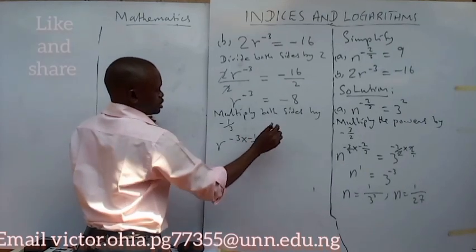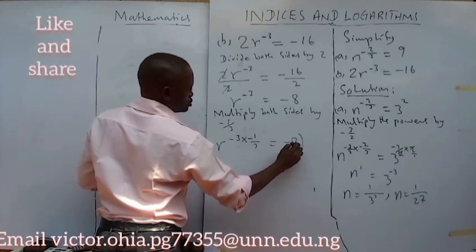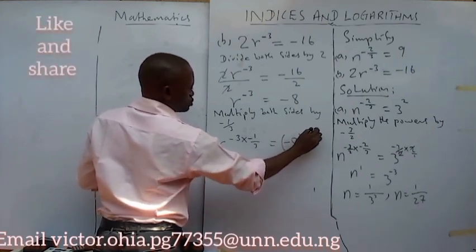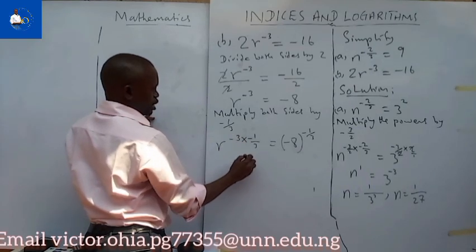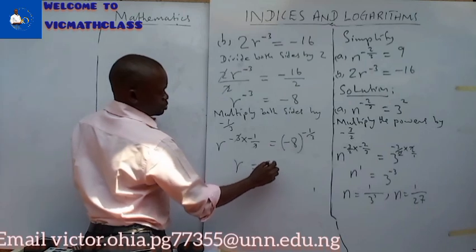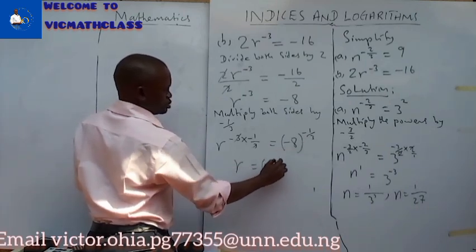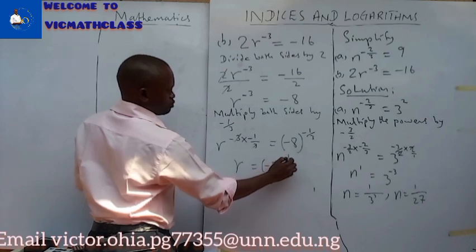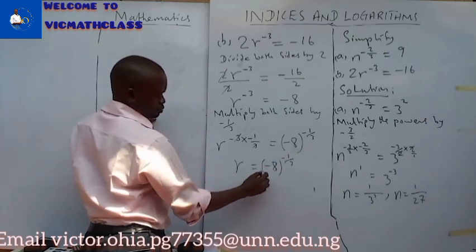On the right hand side we do the same thing and have minus 8 to power minus 1 over 3. Here will remain r, because this takes away this power. What do we have left here? Minus 8 to power minus 1 over 3. This can be a result, or if you like, you can stretch it further.